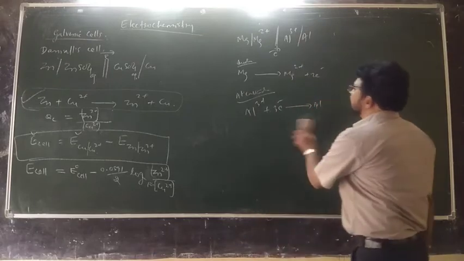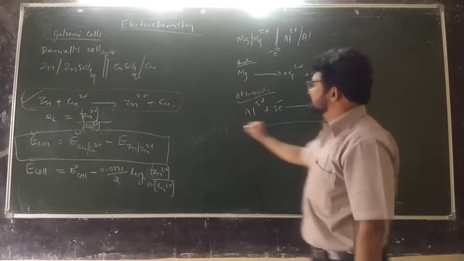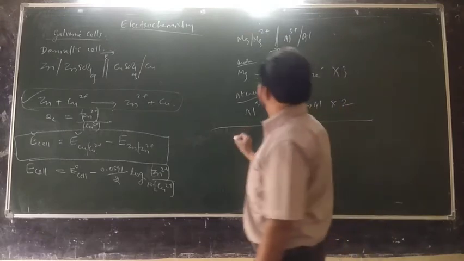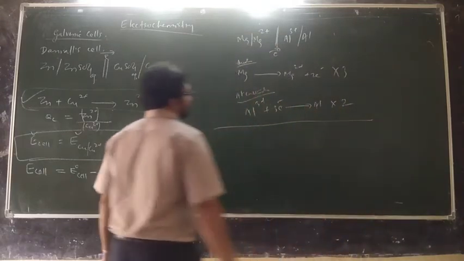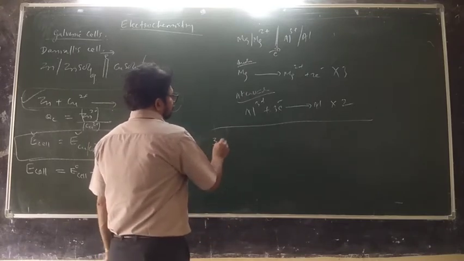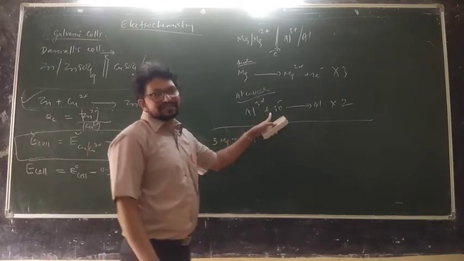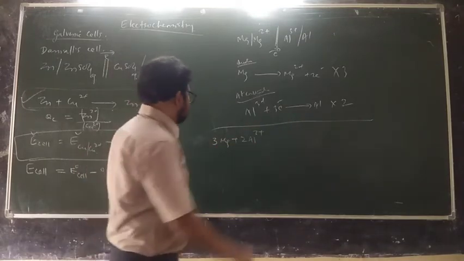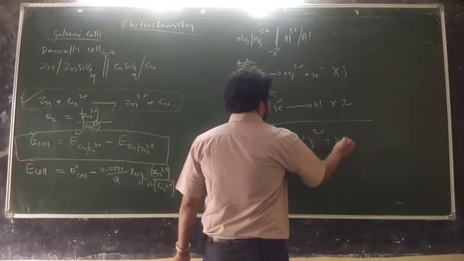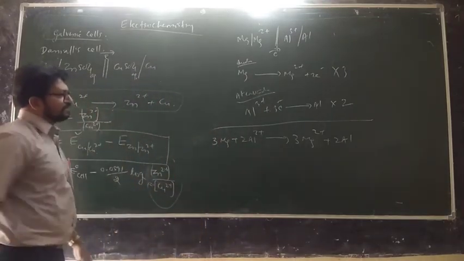The electrons are not balancing now, so multiply by 3 and by 2, 3 twos are 6, 2 threes are 6. Add left hand side and right hand side separately: 3Mg plus 2Al3+. Electrons on the left and right side got cancelled. Right side: 3Mg2+ plus 2Al.